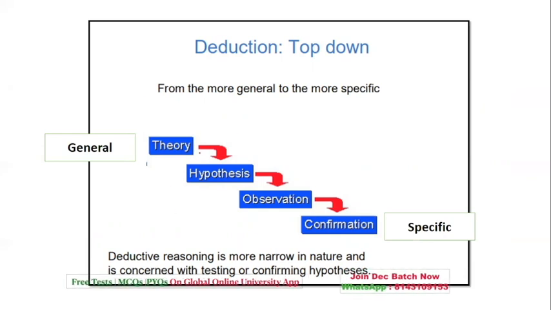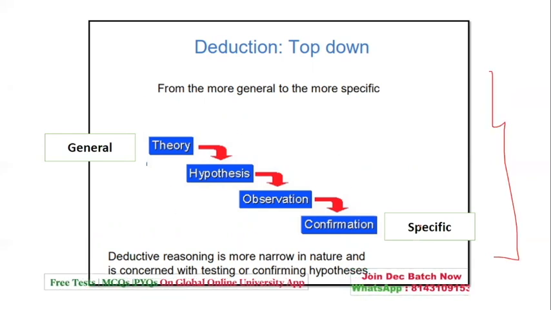In this case, when you talk about inductive and deductive, you have options in the form of aligning them in a proper way, going from general to particular or particular to general, or it is also called a bottom up or top down approach.